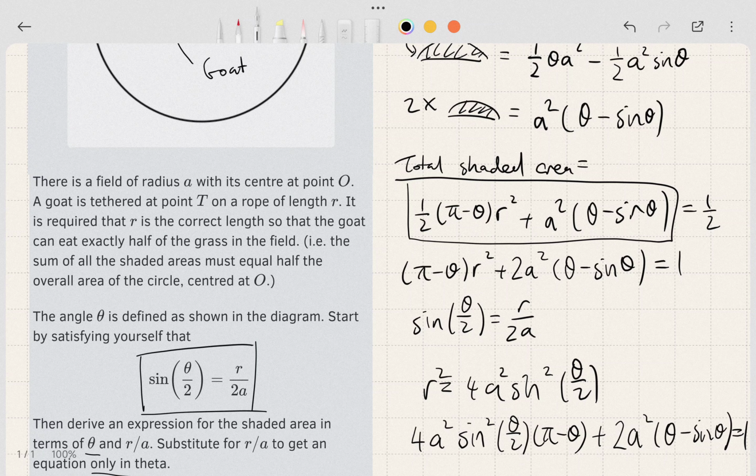So where do we actually have pi a squared theta over 2 pi? So half theta a squared, plus a quarter, pi minus theta, a quarter of that, r squared.